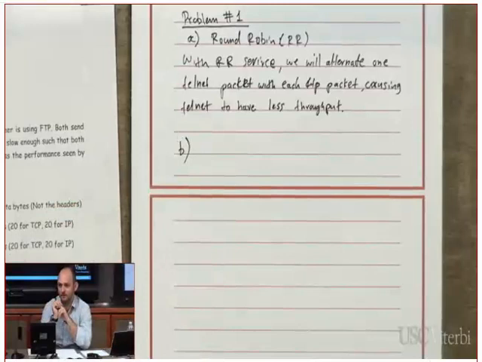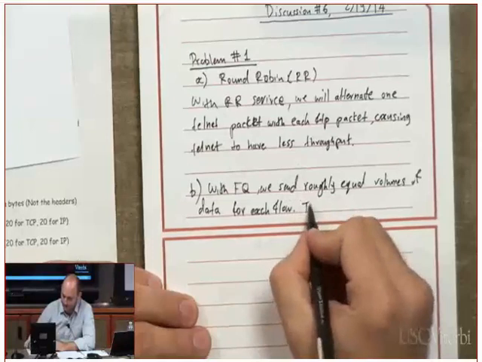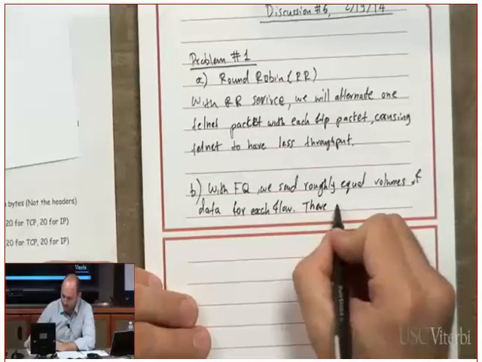We take into account the headers, right? 552 versus 41, which is equal to 13.5 Telnet packets per FTP.